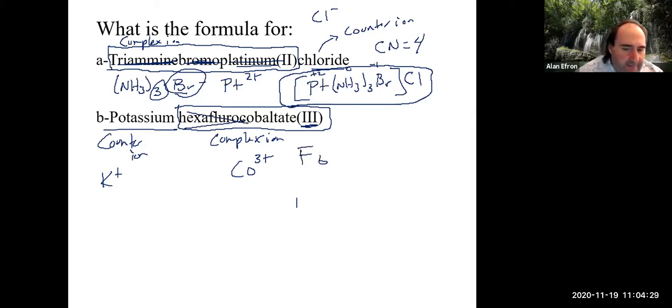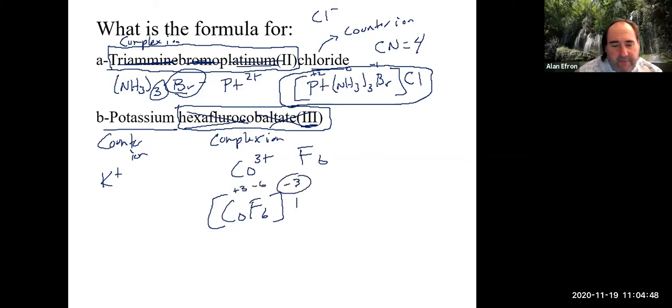So putting together our complex ion part, that should be everything. Put it in brackets. We've got CoF6. Overall charge here, this is +3 for the cobalt. Each of the fluorides is -1. That is going to leave us a -3 left over.